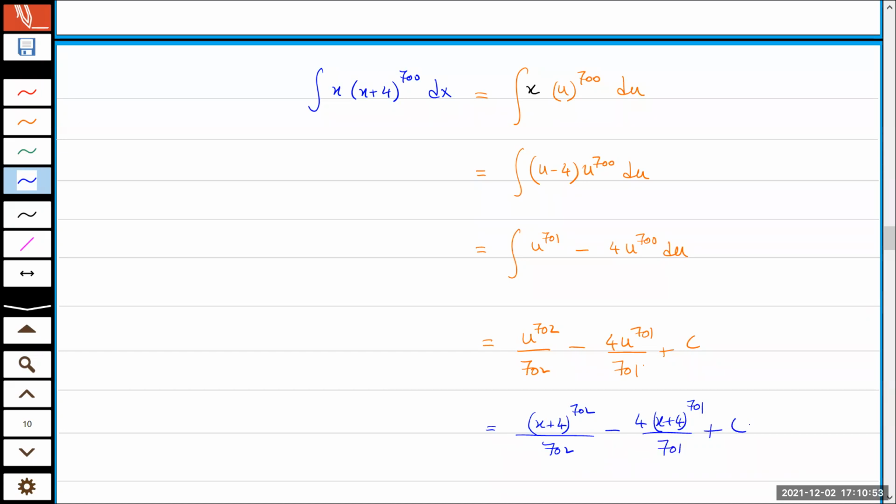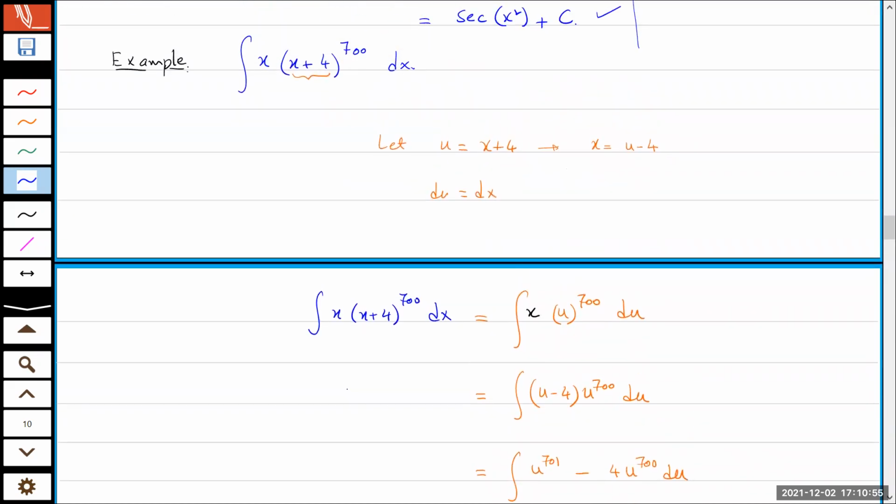So the difference in this case is that you have a term that you have to deal with using your substitution again. You replace your x plus 4 by u, but then you find your x from your substitution and replace this x at front as well. We have to write the whole integral in terms of our new variable.